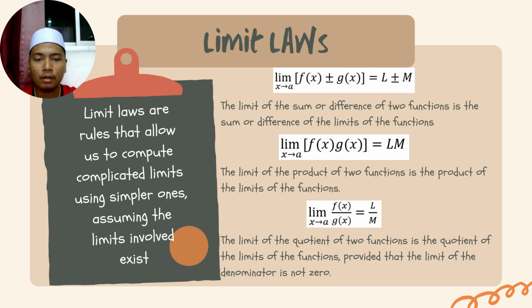And the third law is quotient. The limit of the quotient of two functions is the quotient of the limits of the functions, provided that the limit of the denominator is not zero.